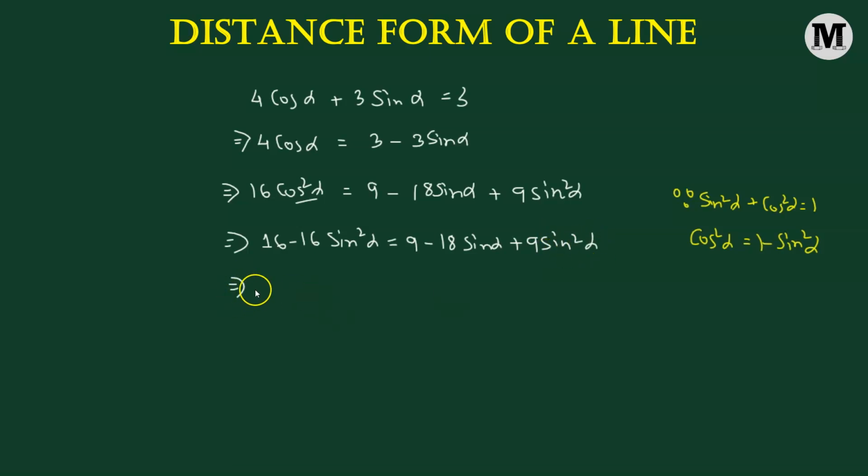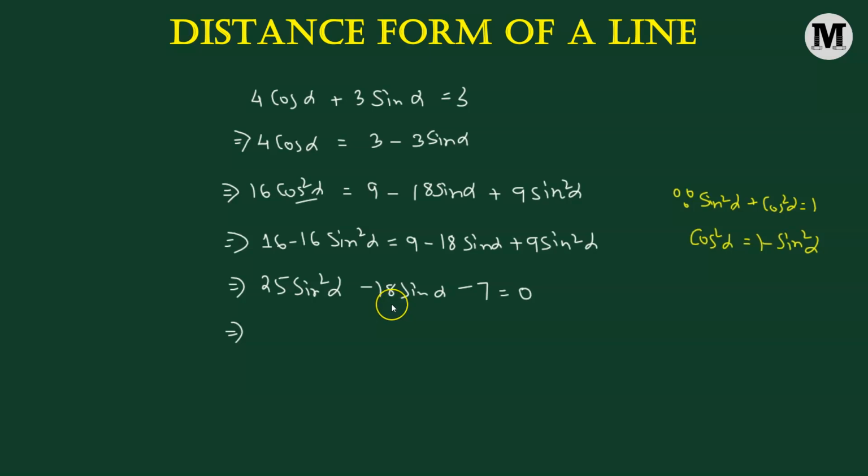So let's rearrange the terms. We're going to get 25 sine squared alpha minus 18 sine alpha, and then we have negative 7 equals 0. Now this is going to be a quadratic equation in sine alpha.